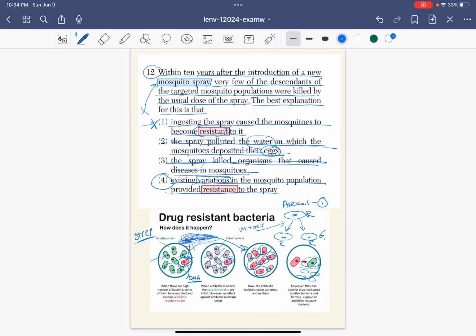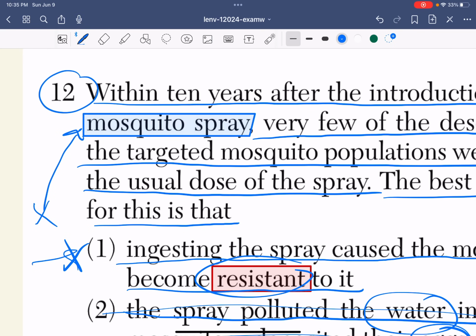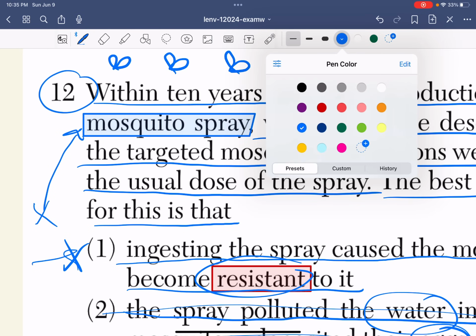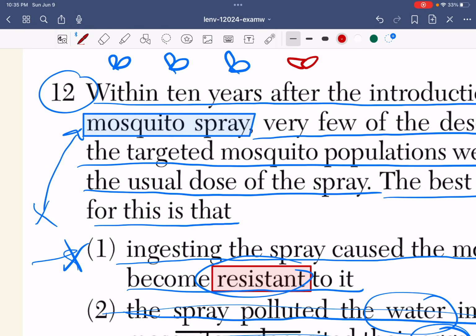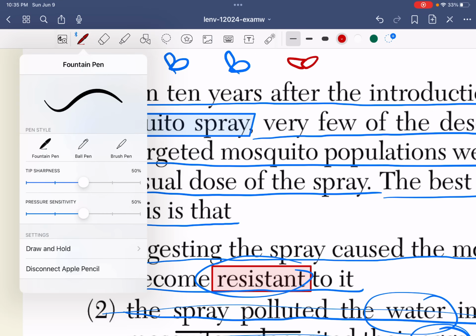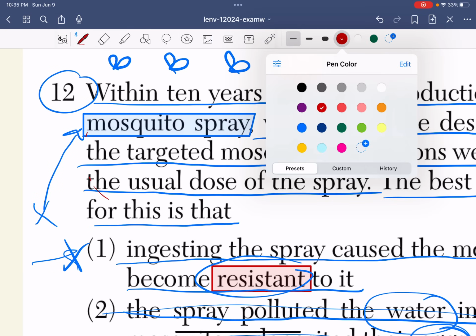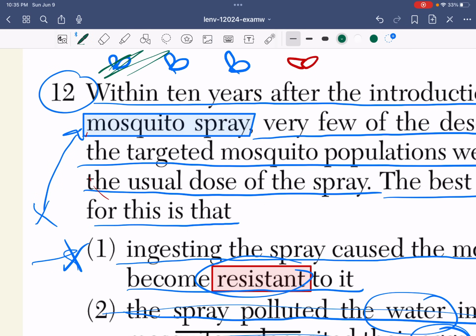So the same aspect goes to the mosquito. There was a mosquito, and then they came in with the poison, killed off. Uh-oh, we can't kill this one. Why?